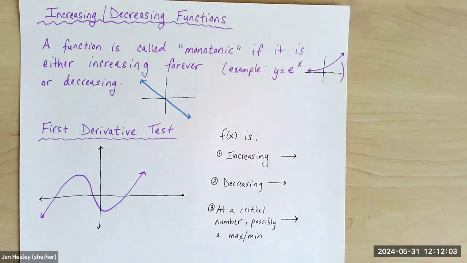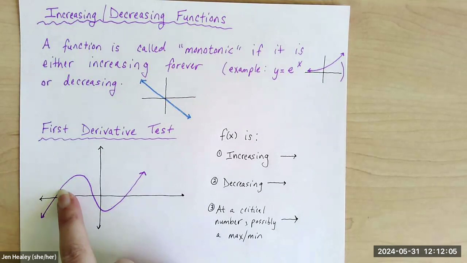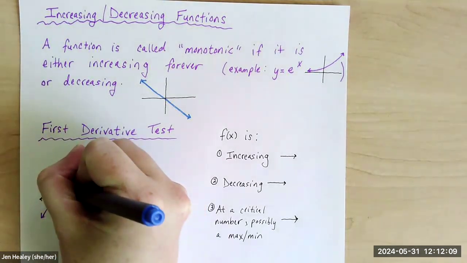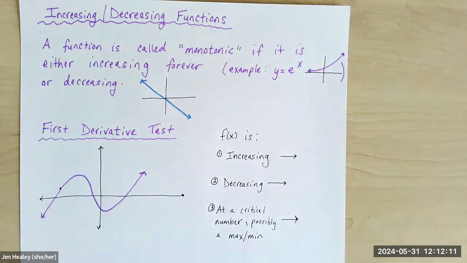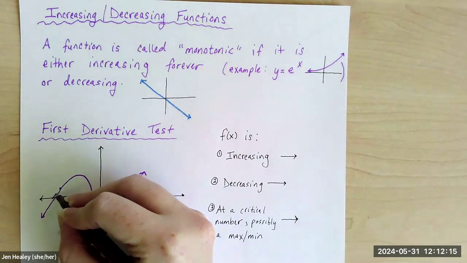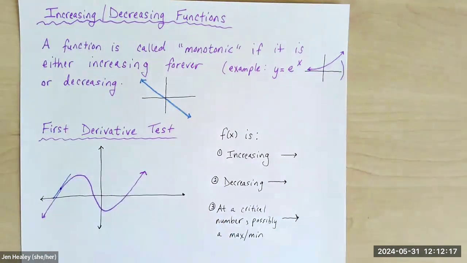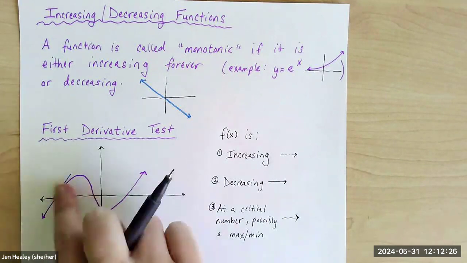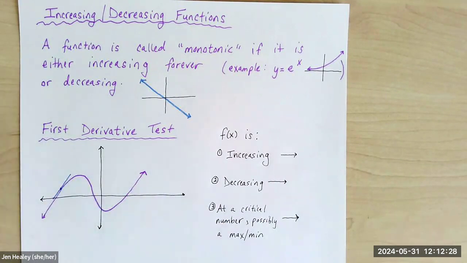In terms of the first derivative test working, it makes sense if you remember what the derivative really is. If I ask you, what's the derivative right here on our graph? Maybe I put a point right here, and we want the derivative right at that point. What I'm actually asking you for is the slope of the tangent line at that point. If I draw a slope of a tangent line, this is a positive sloping line.